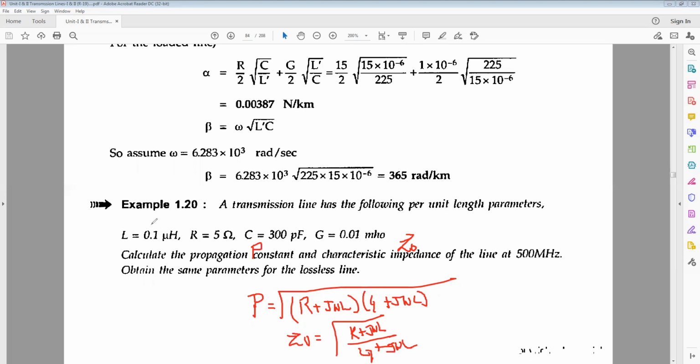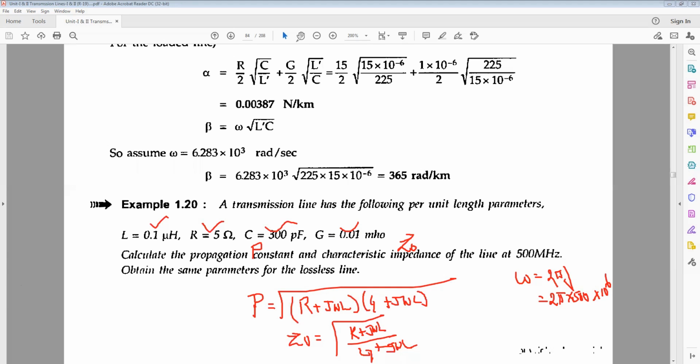We have the constants for L, R, C and G, and with the frequency, omega is equal to 2 pi f, where f is 500 megahertz, 500 into 10 to the power of 6. Using all these values, you can find the propagation constant and the characteristic impedance.